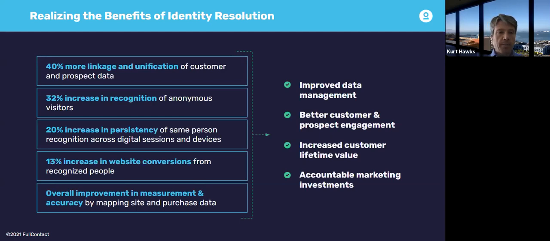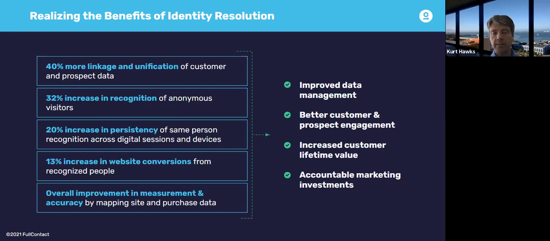And if we think about the persistency of an identifier or a cookie around the same person across different devices and different sessions, what we are realizing for our customers is a 20% increase in persistency of identification of the same person across different devices on website visits.